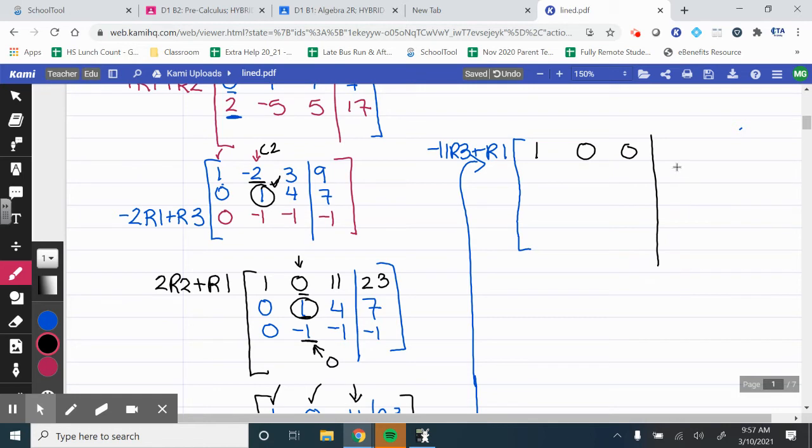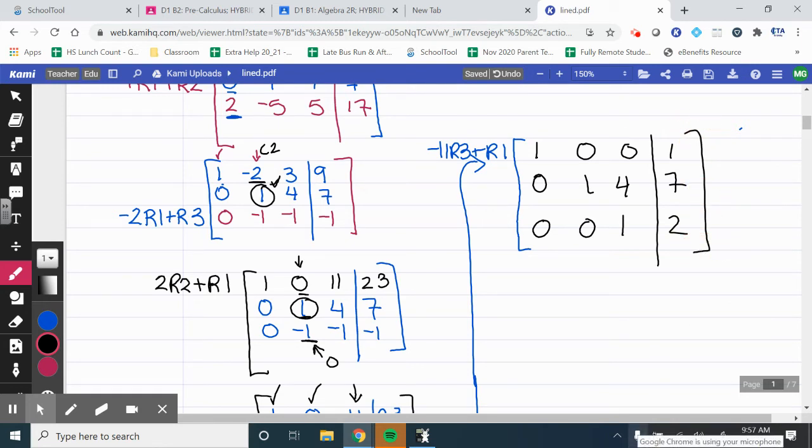In the last one, we have 2 times negative 11, so that's negative 22 plus 23 gives you a 1. Everything else stays the same, so 0, 1, 4, 7, and 0, 0, 1, 2.